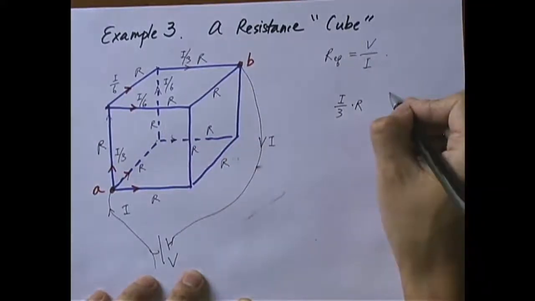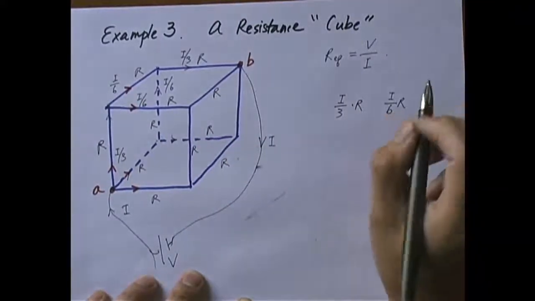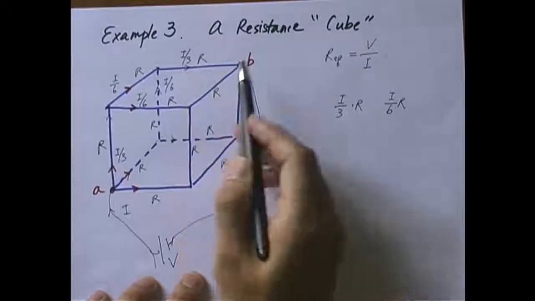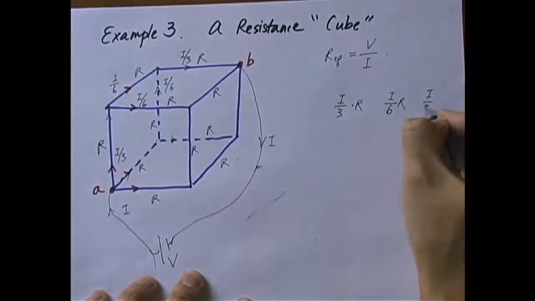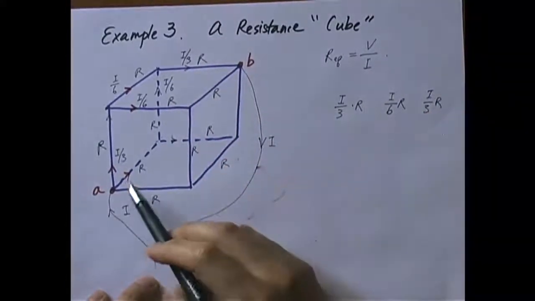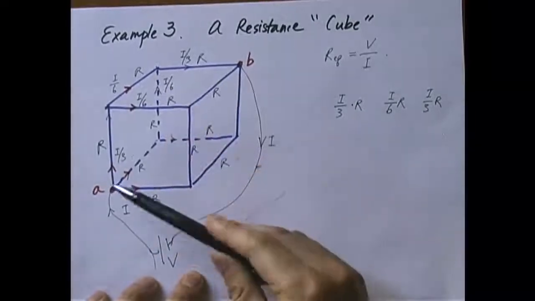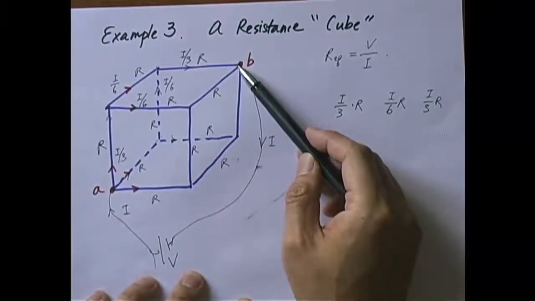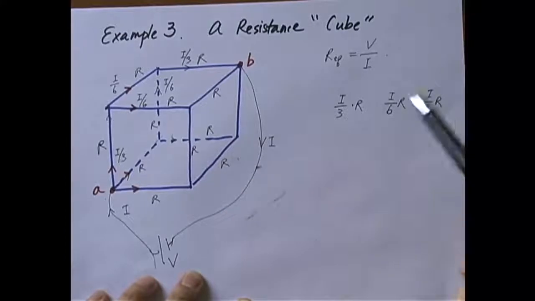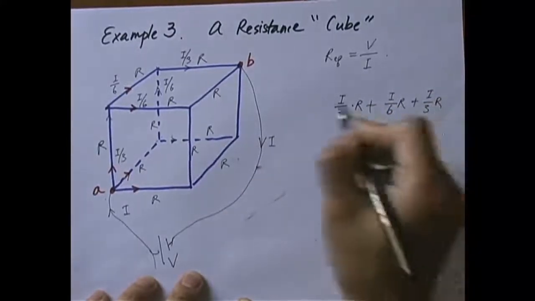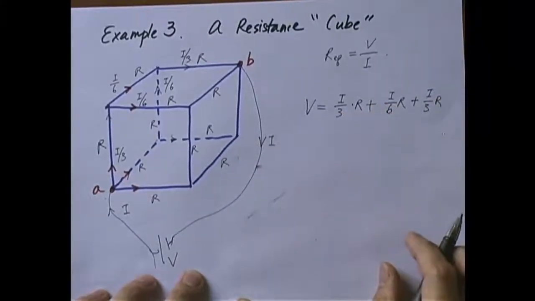That would be I over 6 times R. And finally, what is the voltage drop between here and there? That is again I over 3 times R. Now, if you add all the 3 voltage drops, don't you get the total voltage drop between A and B, which is V? Right? Okay? You add them all together, you get V.